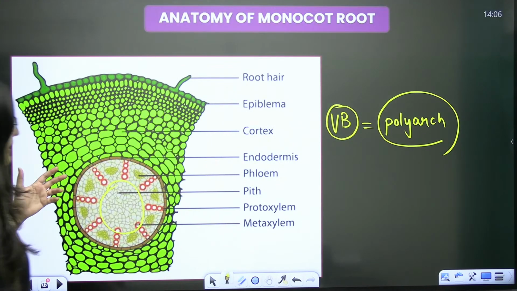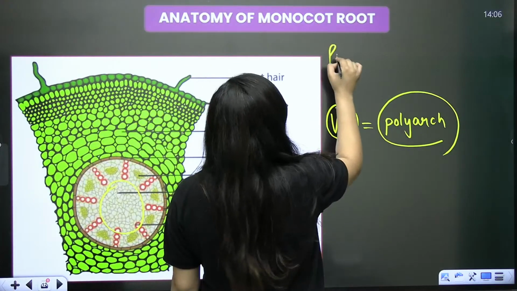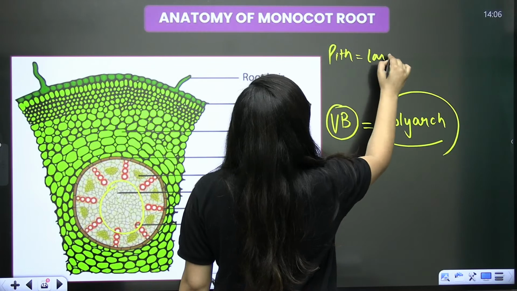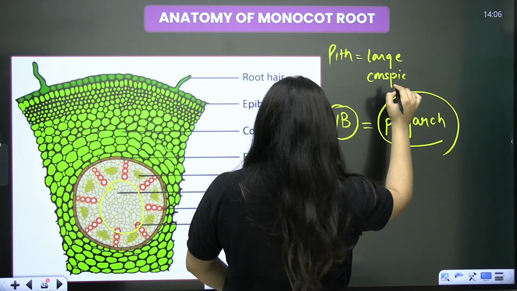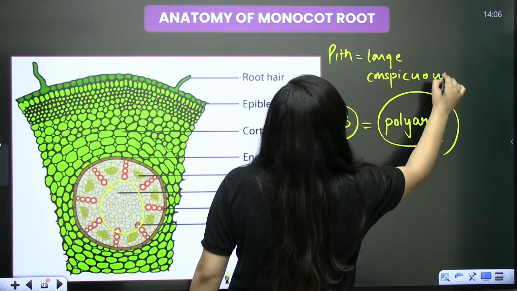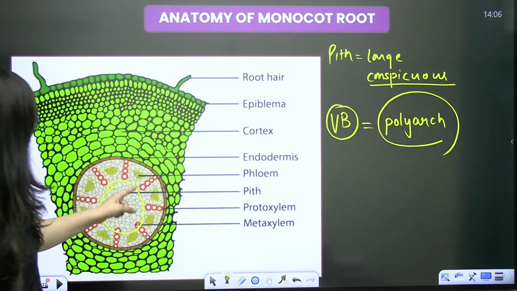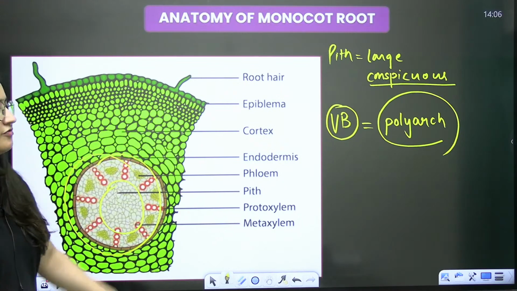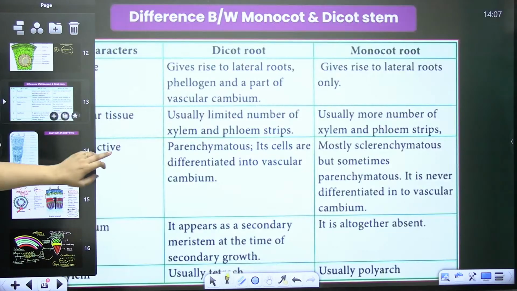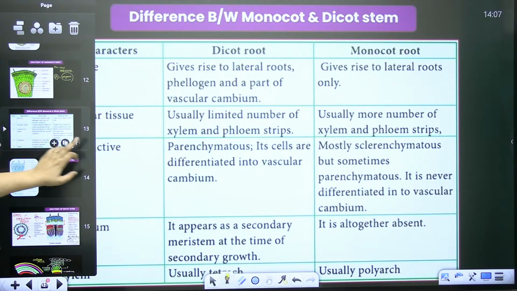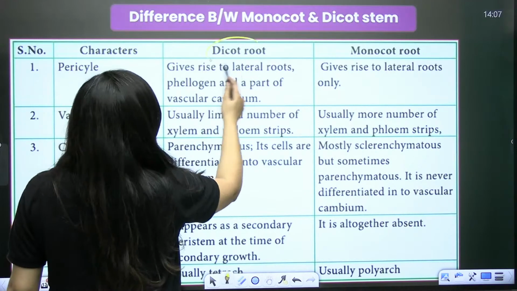If you compare the dicot root with the monocot root, the pith is large and conspicuous in the monocot, but in the dicot root it is small. Rest everything is the same. Here you can see the comparison. It is actually the root, not the stem.